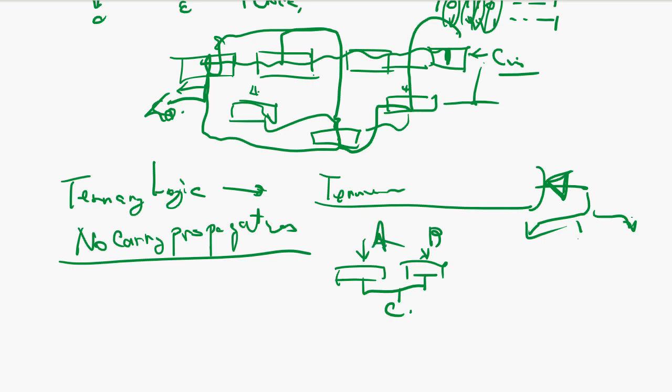Okay? But you pay the price because it's ternary, right? So each bit has 0, 0, 0, 1, 1, 0, and 1, 1 never happens. And that's 3 different states. That's ternary.